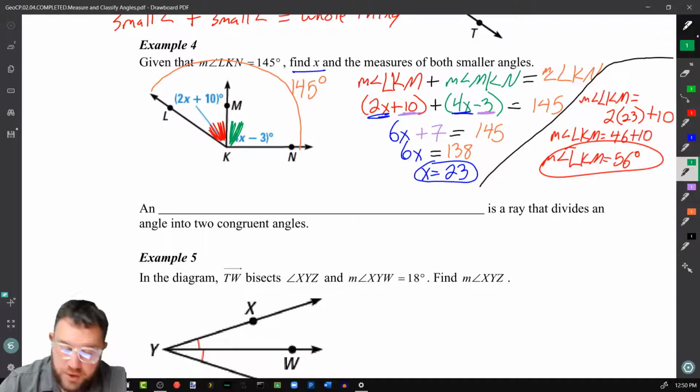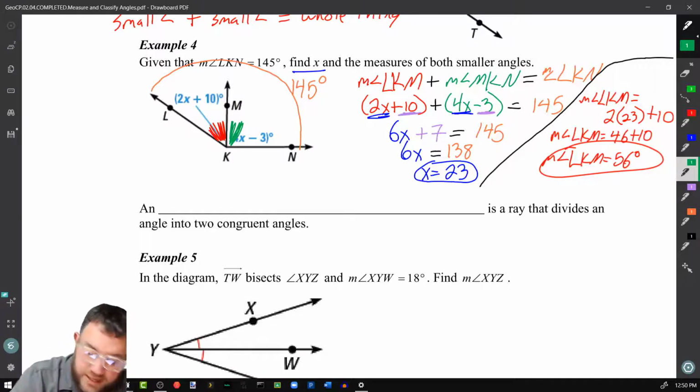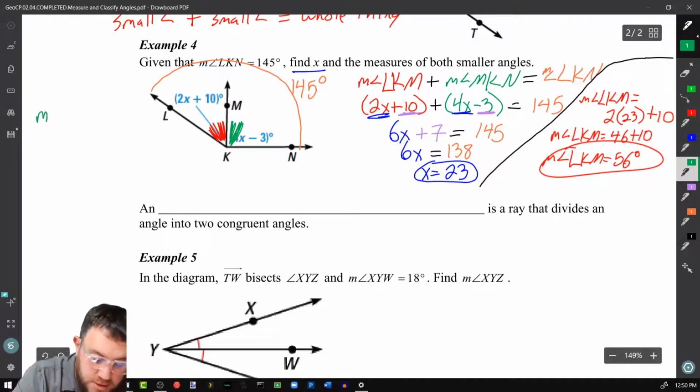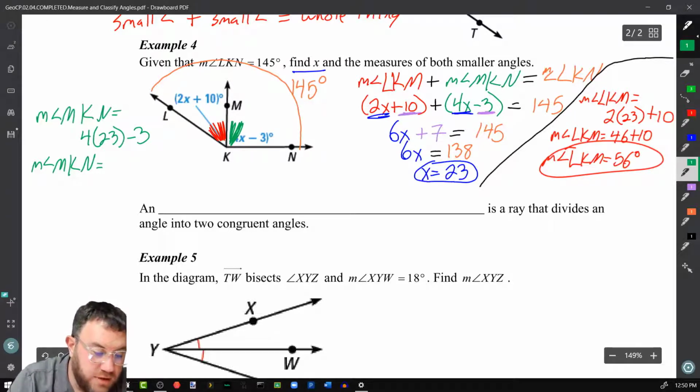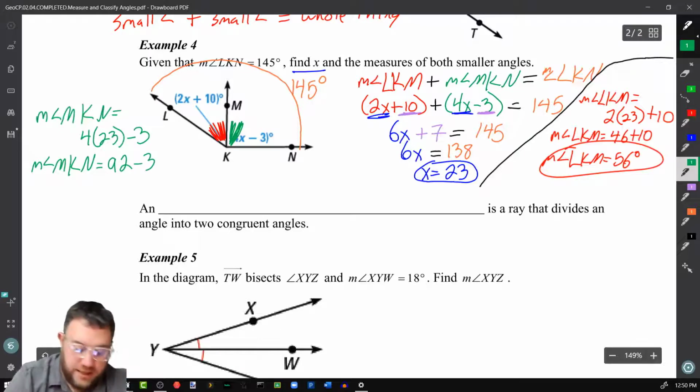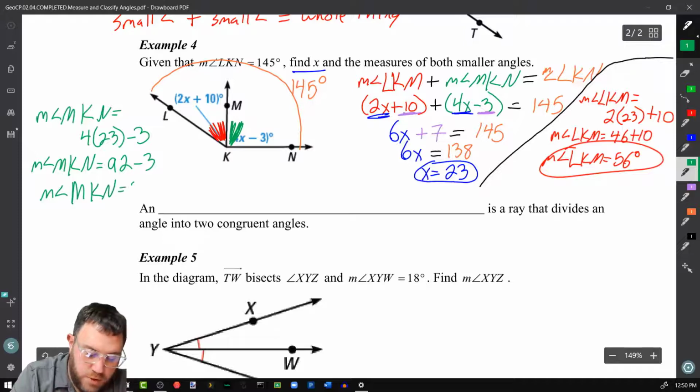And then for our green angle, I'm going to write it on the far left just because I've run out of space. The measure of angle MKN is going to be 4 times 23 minus 3. 4 times 23 is 92. And 92 minus 3 will be 89 degrees.